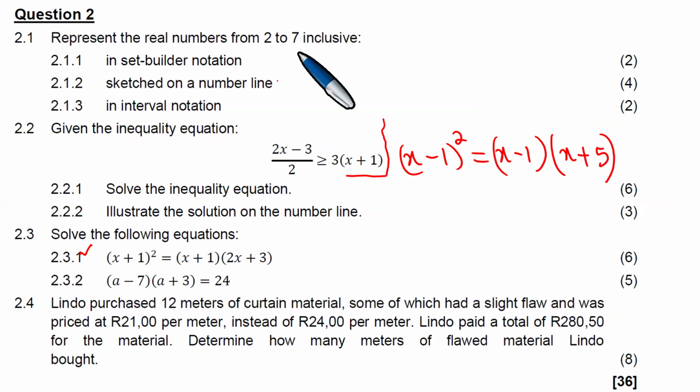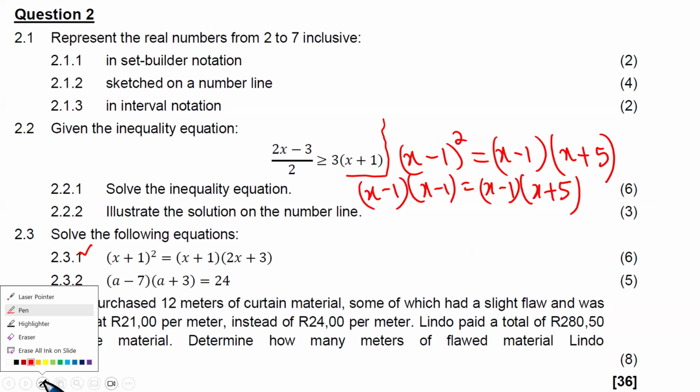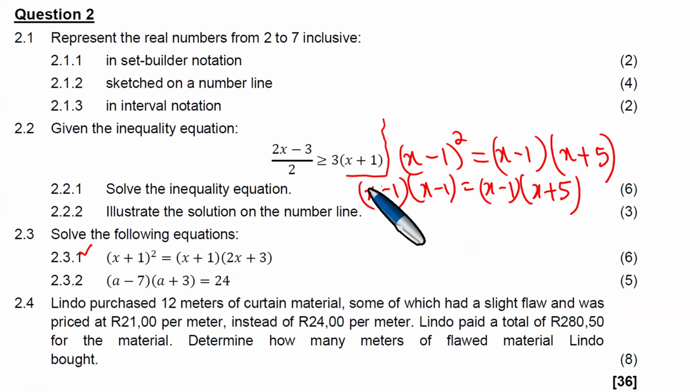Am I right? Okay, let's check together. So this one will be x times x, x times minus 1, minus 1 times x, plus 5, like this. x plus 2x. So you do the same here.